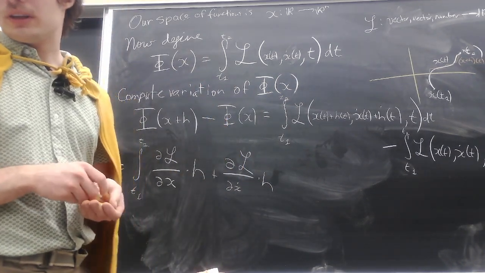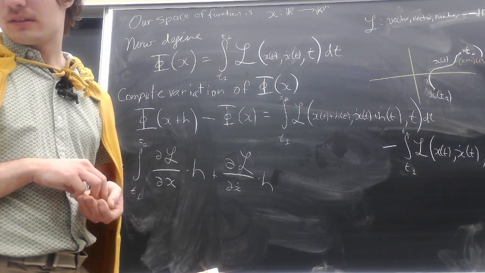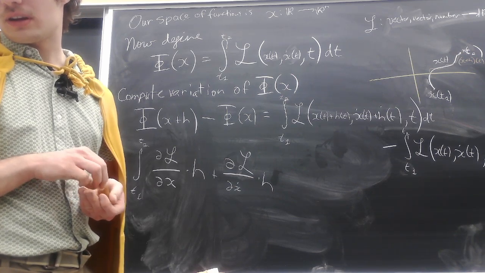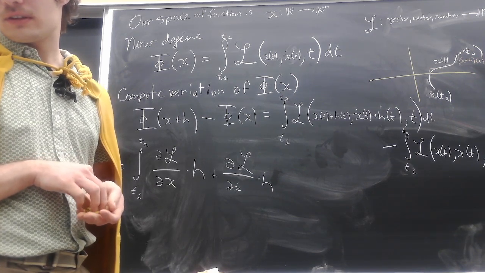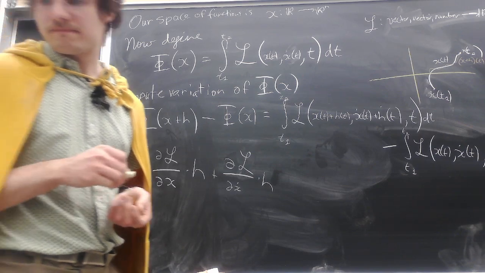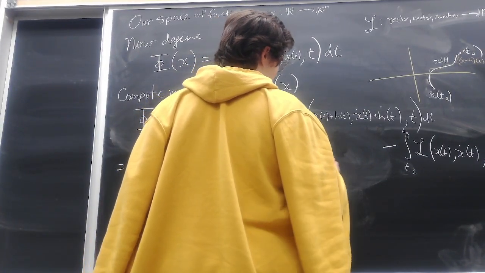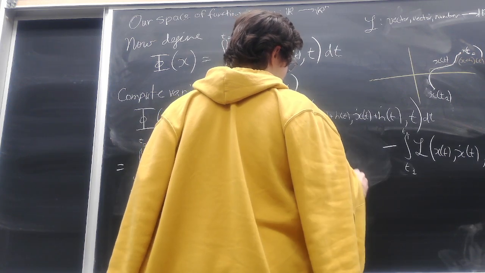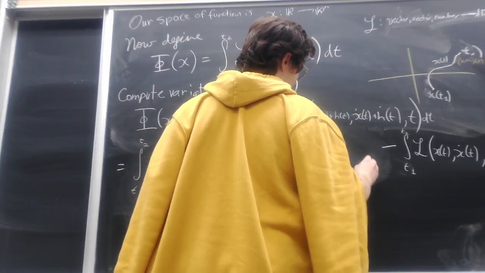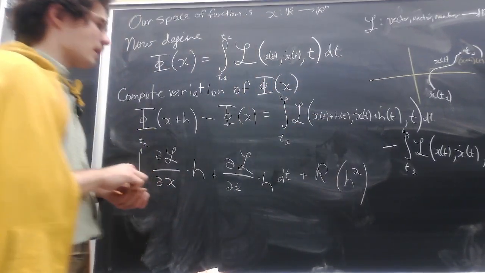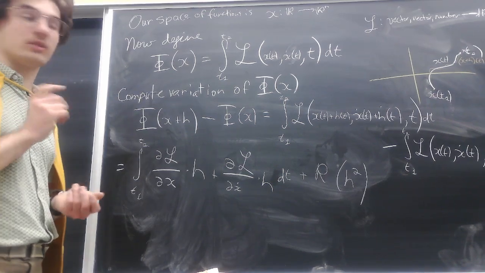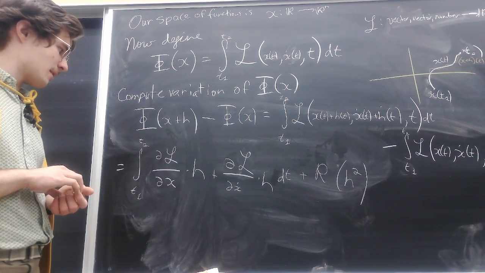And we also need a dt. And we're going to have something of higher order, O of h squared, but we ignore it, because I just wanted to compute the variation, the linear approximation.